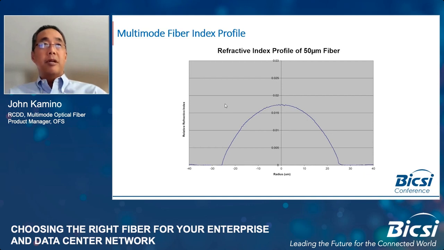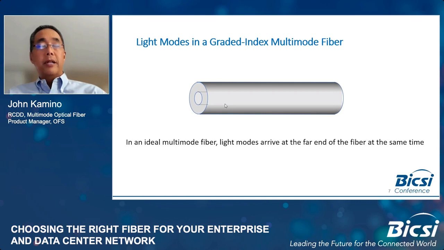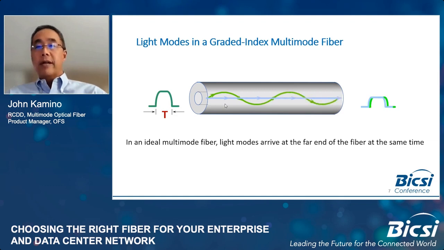Light traveling down the center of the core in the area of highest index of refraction then travels at the slowest rate of speed, while light that has to go further being reflected along the core clad interface will travel faster because it's going through a lower index area. Ideally then, whether the light travels directly down the center of the core or is reflected along the core clad interface, it will still arrive at the detector or the far end of the fiber at the same time.